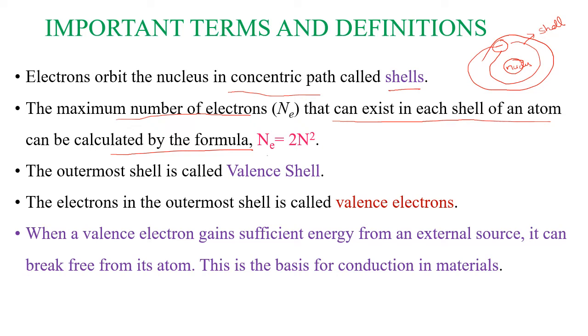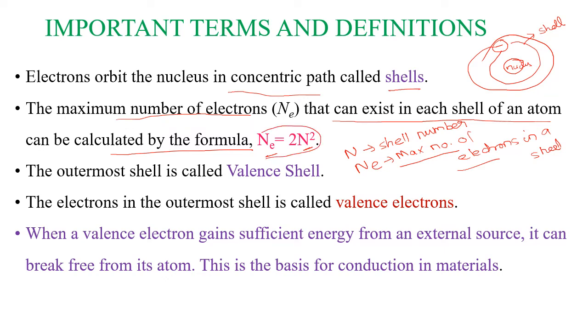Here Ne is the maximum number of electrons in a shell, and n describes the shell number.